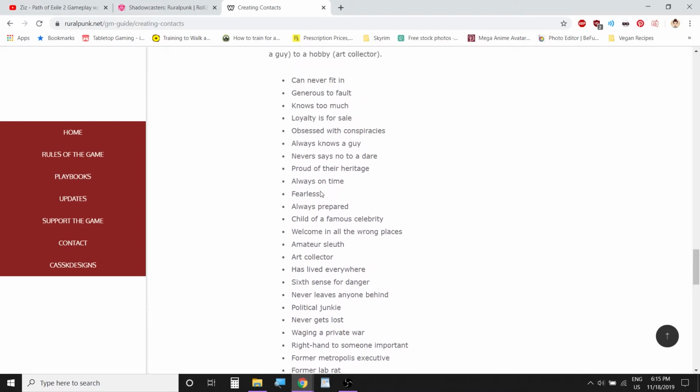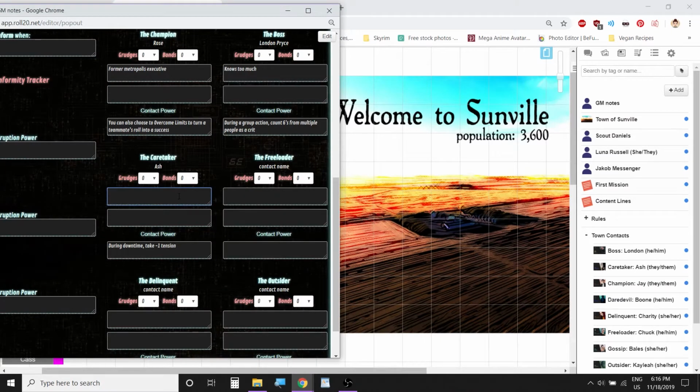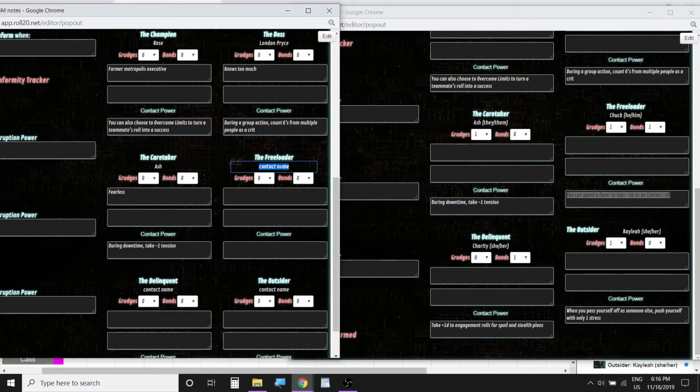I think I'm going to go with Fearless. If we think about motivations for why Ash would endanger the entire town, I like the idea that maybe they're a little bit fearless, like reckless, and it can be that idea that they think they'll always succeed at what they do. And so they aren't as cautious as maybe they should be.